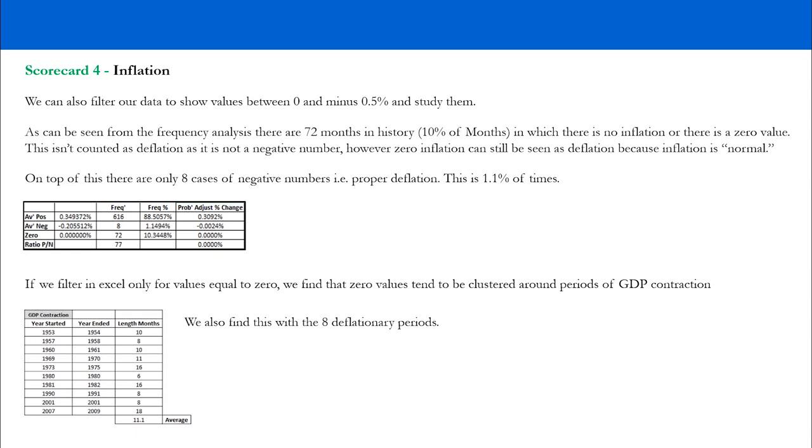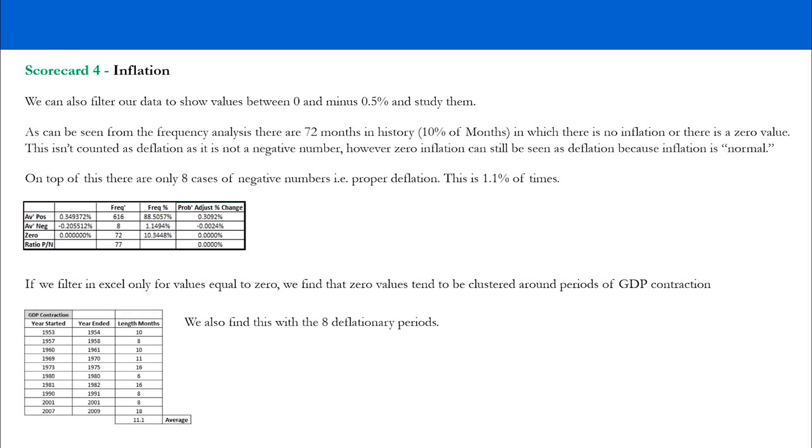On top of this, there's actually only 8 cases of negative numbers, i.e. proper deflation, in the CPI ex food and energy numbers. And this occurs 1.1% of times. So when we look at these together, it comes to 11%, and we can consider this in its entirety as deflation in itself.